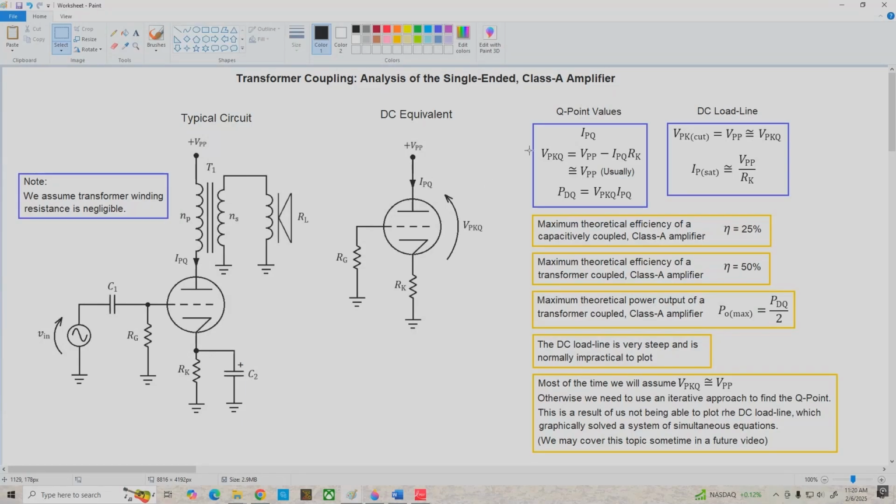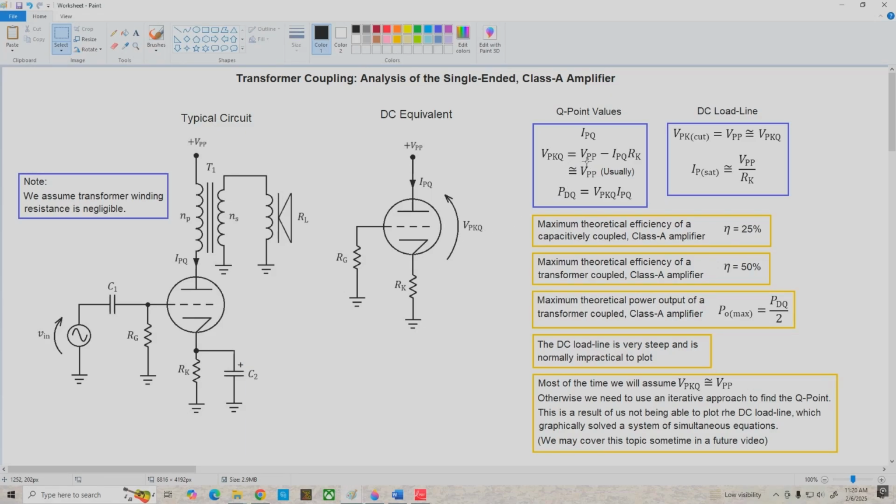Now if we move over to the right, there are a few equations I just want to mention some things about. These are related to the DC analysis. Starting here, IPQ, well, we're going to determine that the way we always have for the circuits we've looked at previously. No mystery there. VPKQ, the voltage from plate to cathode at the Q point.